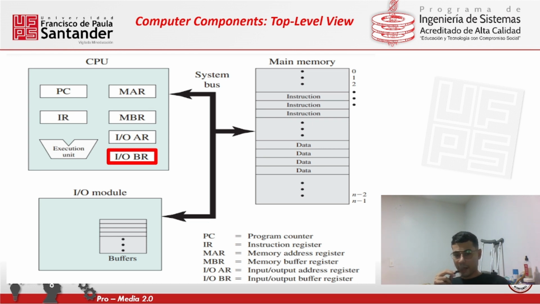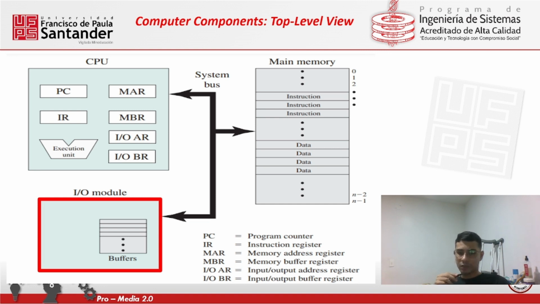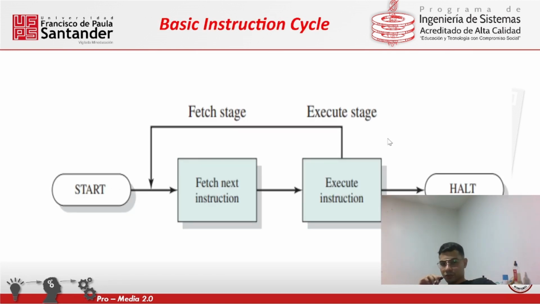On the other hand, an I/O module is responsible for transferring data between external devices and the processor, as well as memory, using internal buffers to temporarily store data before transmission.